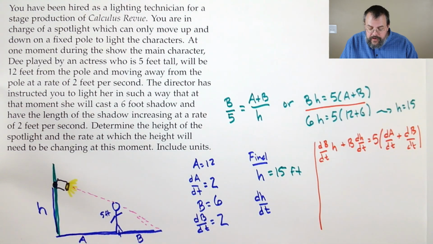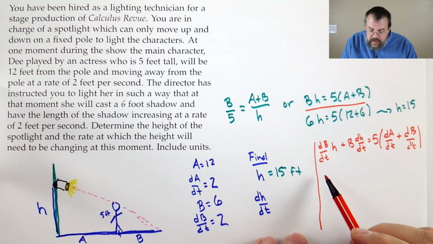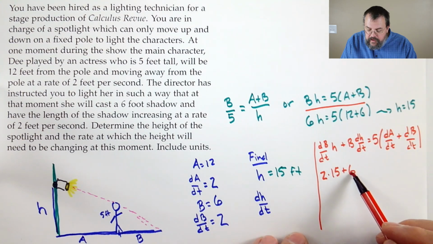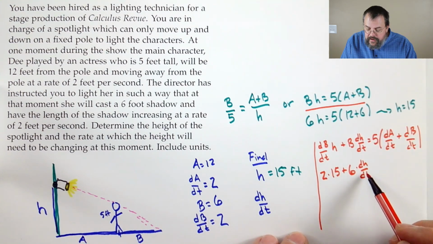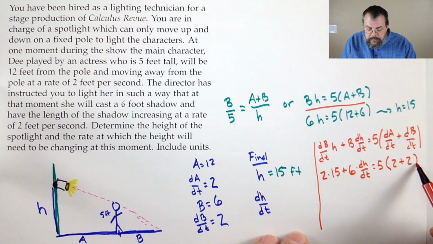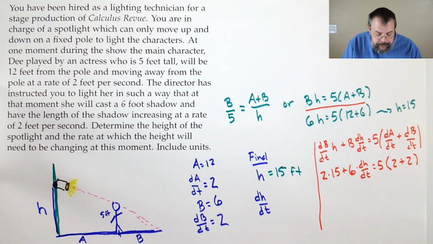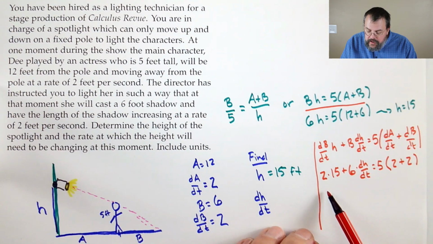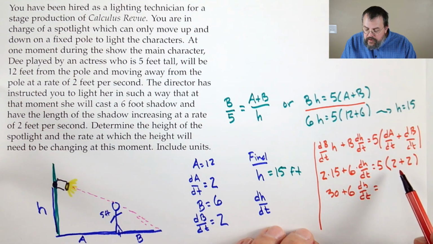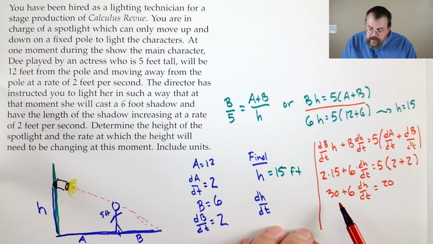Now, plug in what we know. So dB/dt is 2, H is 15, plus 6 times what we're trying to solve is equal to 5 times 2 plus 2. Okay. So that's 30 plus 6 dH/dt is equal to 20, since 5 times 4 is 20.